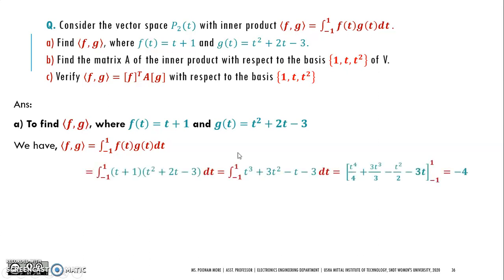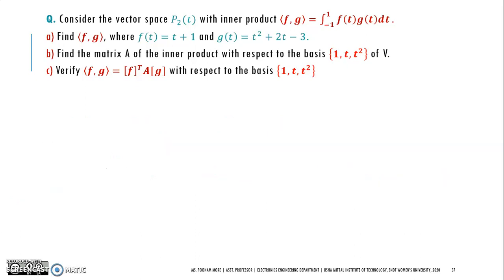By substituting, we get the integration of this product, which is equal to t cube plus 3t square minus t minus 3. Taking the integration of this polynomial and applying the limit from -1 to 1, we get the value of the inner product of f with g is equal to -4.